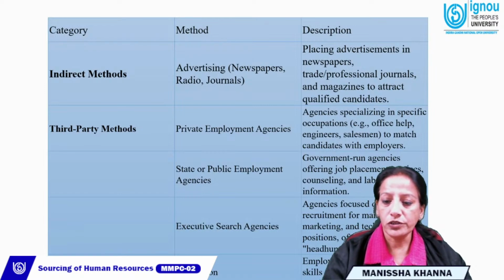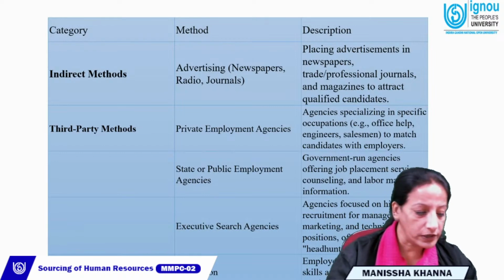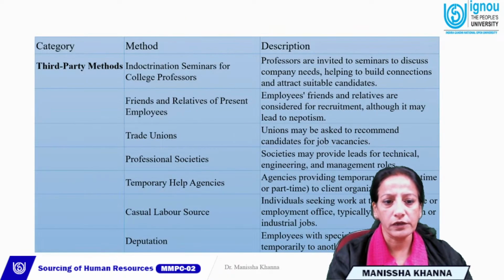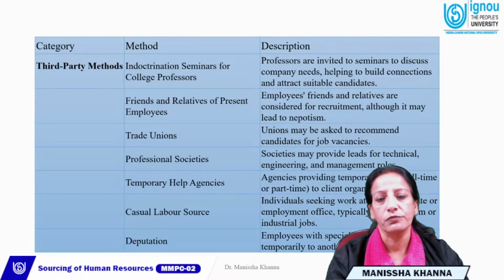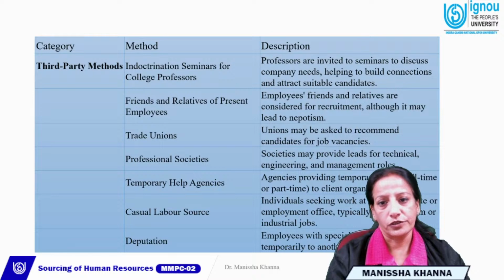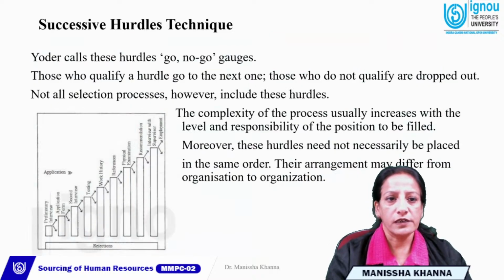So deputation is again where employees with specialized skills are sent temporarily to the organization. Then there are other methods, which are trade unions or professional societies, help agencies, labor force, deputation, etc. Successive hurdle technique is go-no-go gauges, where it is not a selection process.